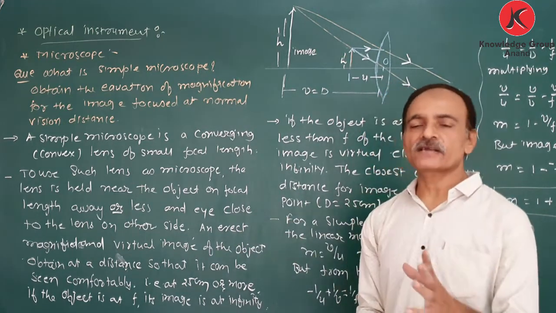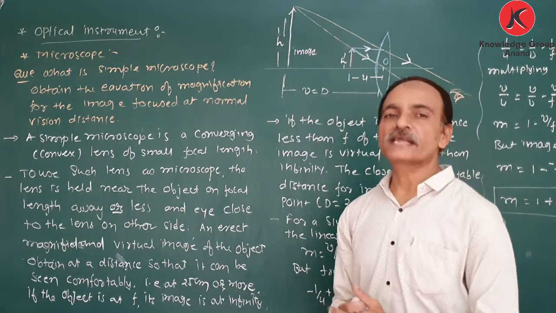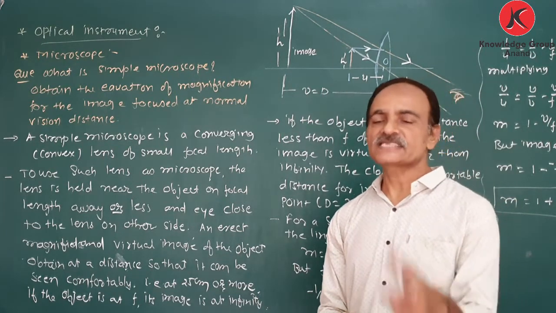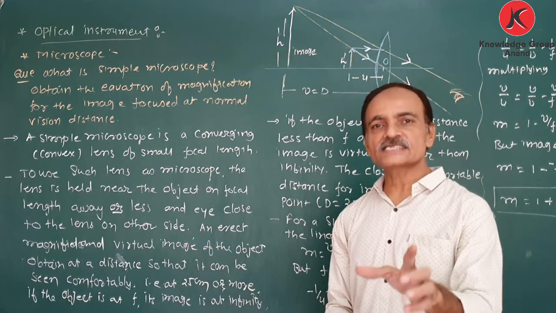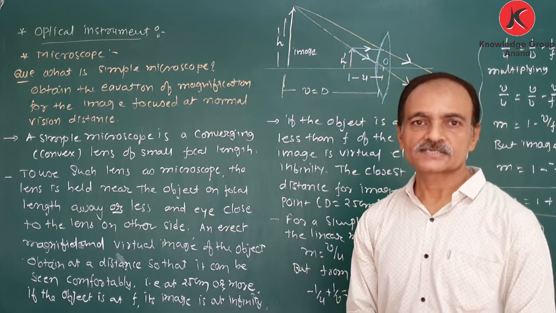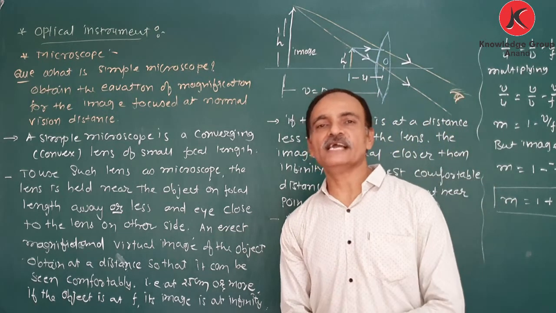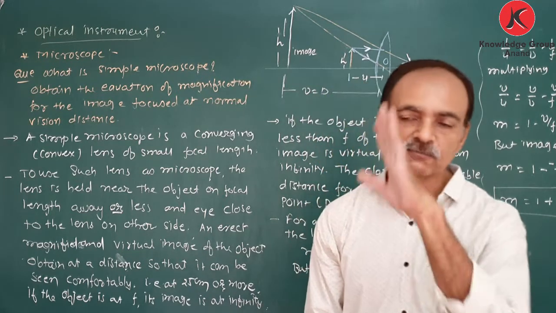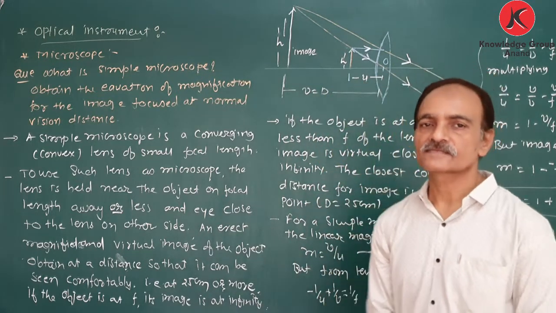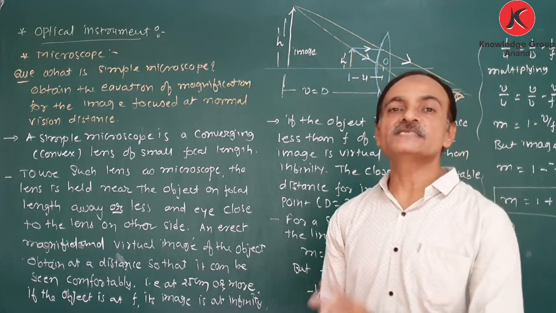For this simple microscope, we want to obtain the equation of magnification. In which case is the image not formed at infinite distance? Already we discussed that. The image is formed at infinite distance if and only if we place the object on the principal focus.